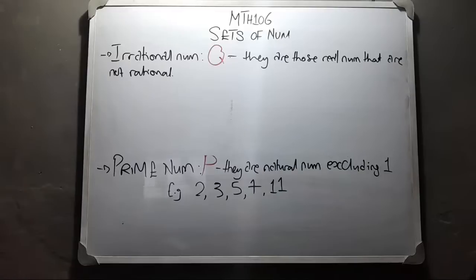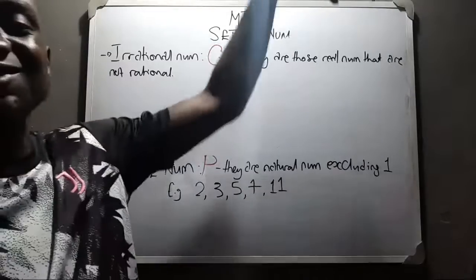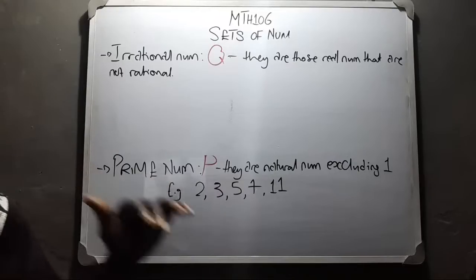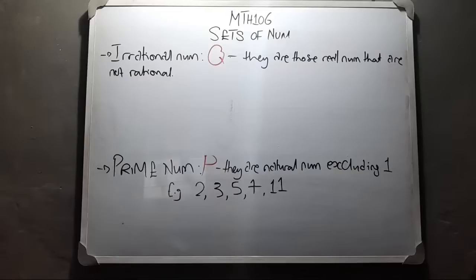Now, the set of irrational numbers is the complement of the set of rational numbers.